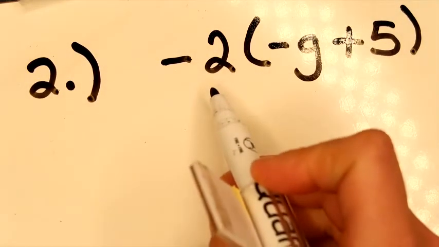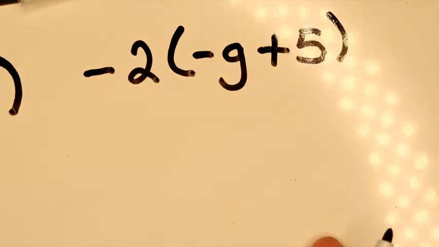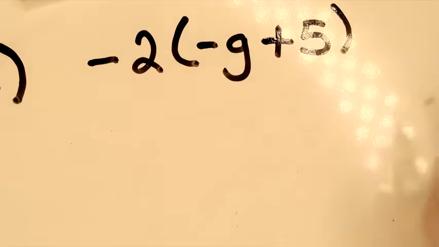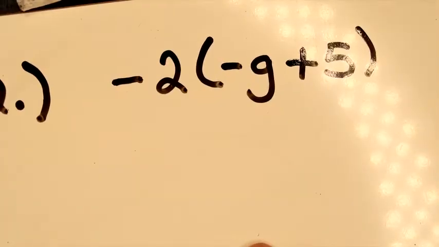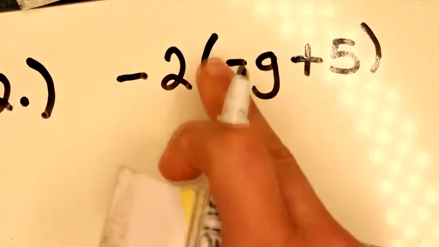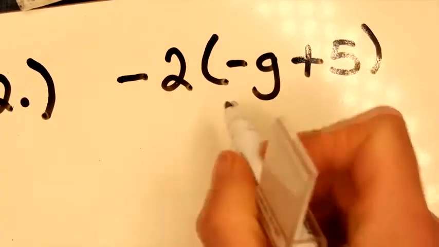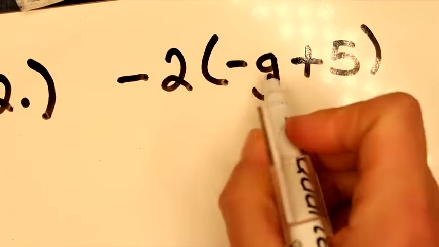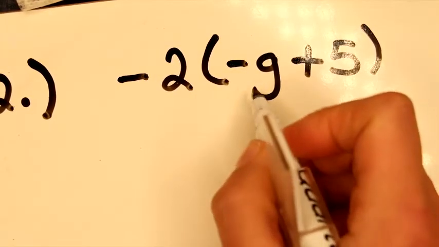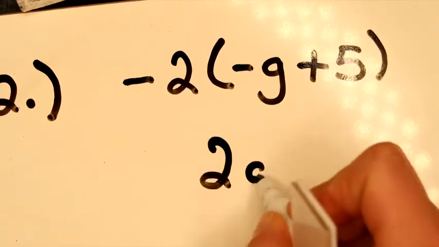A negative times a negative is going to be what? You guys remember? A negative times a negative is positive. And remember, there's always an imaginary 1. So negative 2 times negative 1g is going to be positive 2g.